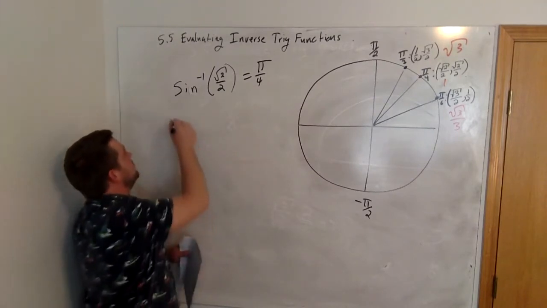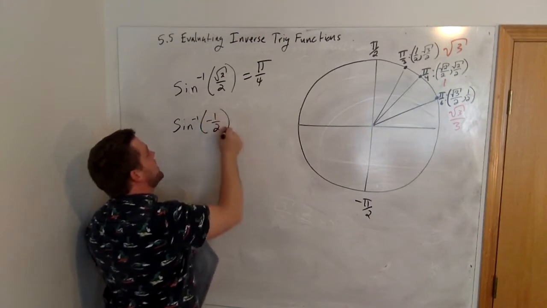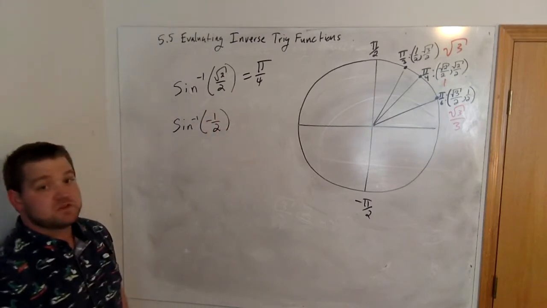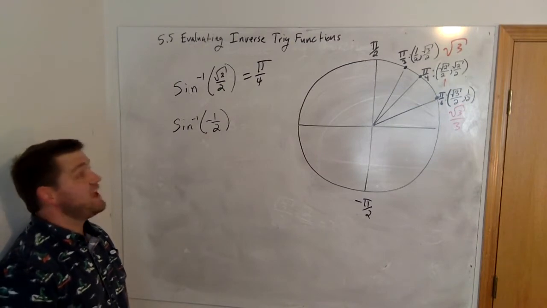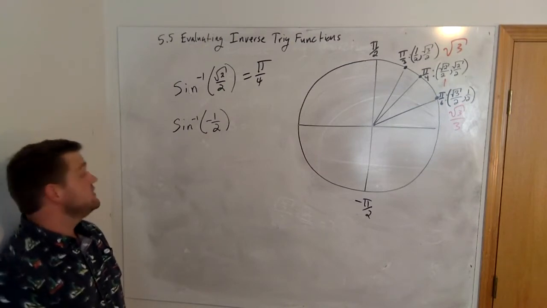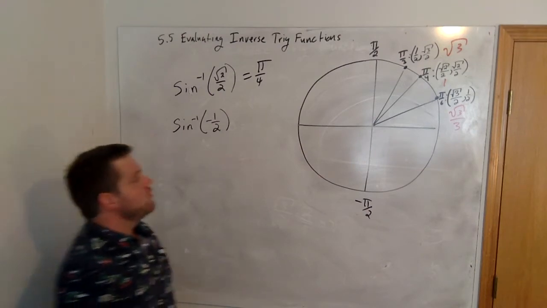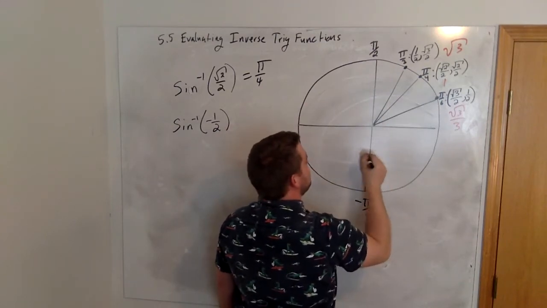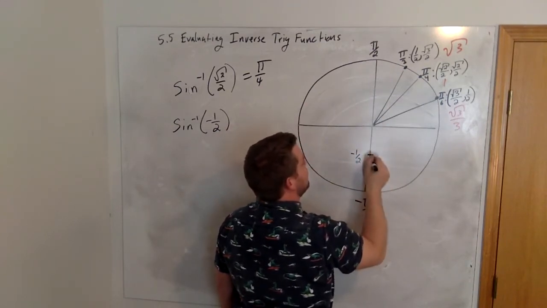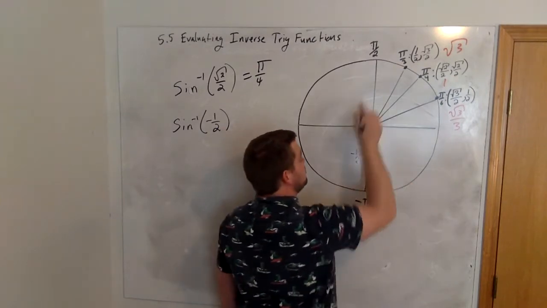Okay, let's do another one. What about sine inverse of negative 1/2? Now this one's a little bit different. What it's asking us is what angle on the unit circle gives us a height of negative 1/2. Well, here we get a height of 1/2, so down here, this would be a height of negative 1/2. Now remember, it's got to spit out an angle between negative pi over 2 and pi over 2.